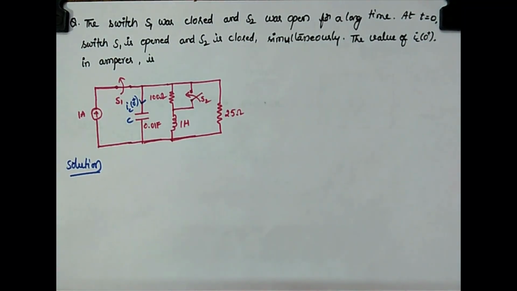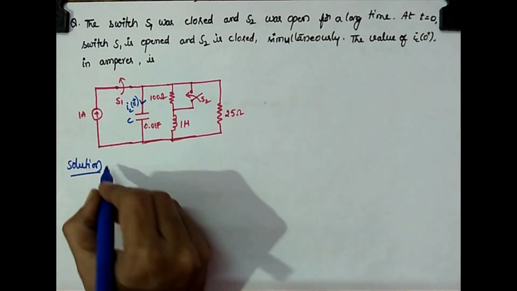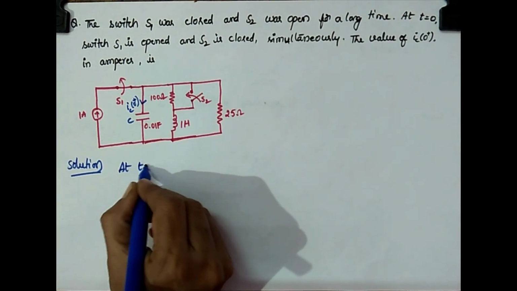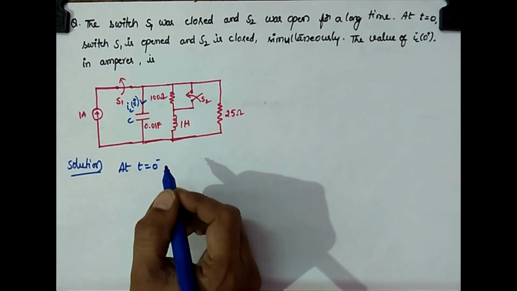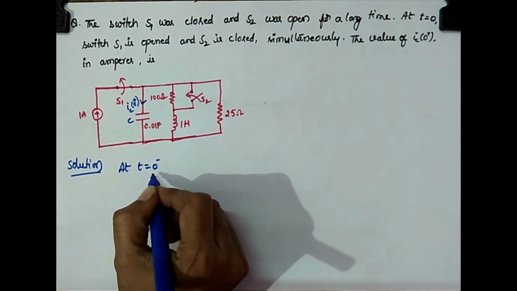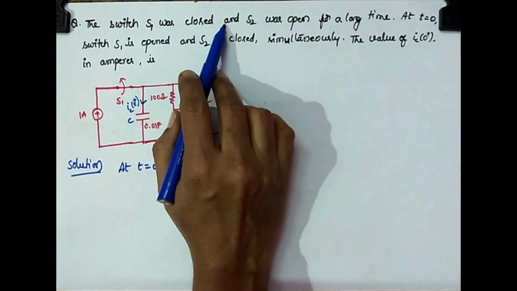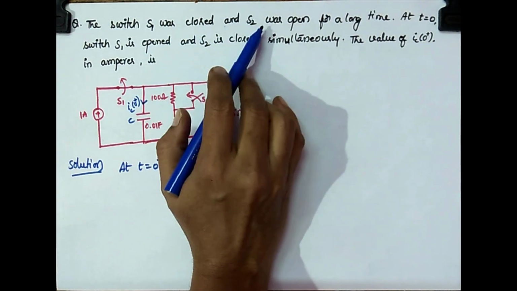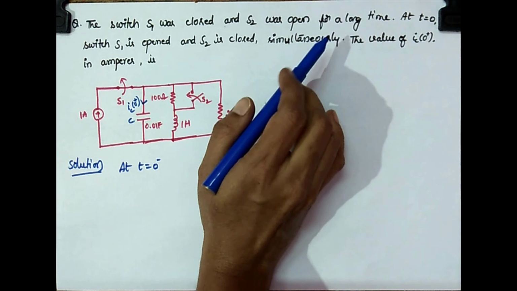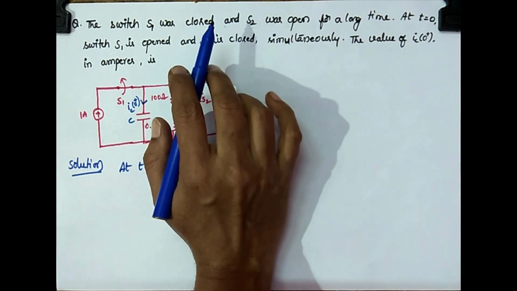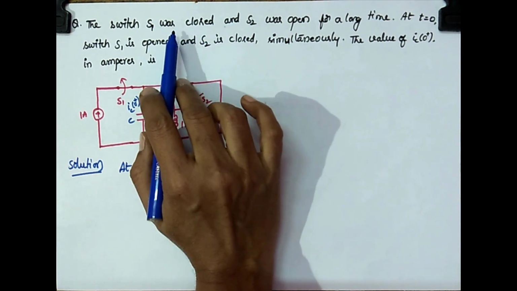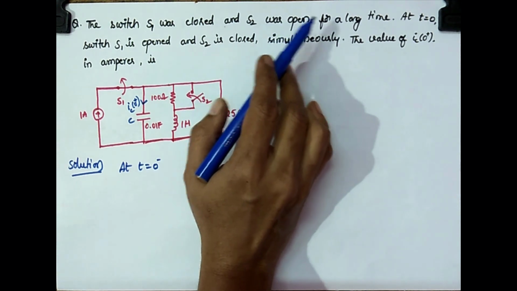The switch S1 was closed and S2 was open for a long time, meaning at t = 0 minus. Why are we saying t = 0 minus? Because at t = 0, the change happens: switch S1 is opened and S2 is closed. Before t = 0, that is at t = 0 minus, S1 was closed and S2 was open for a long time.